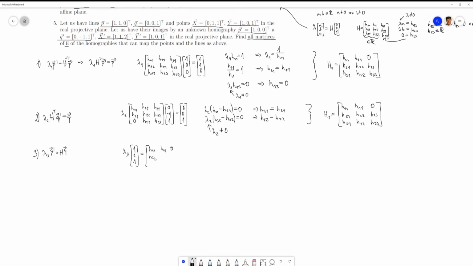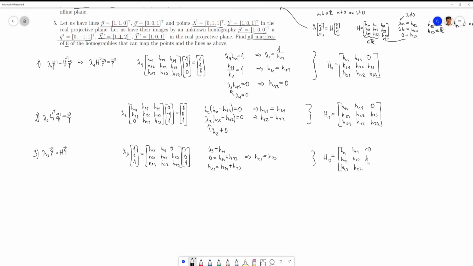From here we see lambda 3 equals h11, 0 equals h21 plus h23, which also says that h23 equals minus h21, and h11 equals h21 plus h33. So in sum we have the matrix H3, which is composed of the previous constraints, and which has h11, h21, h21, h11, h22, h22, and 0, h21, and h33 values.